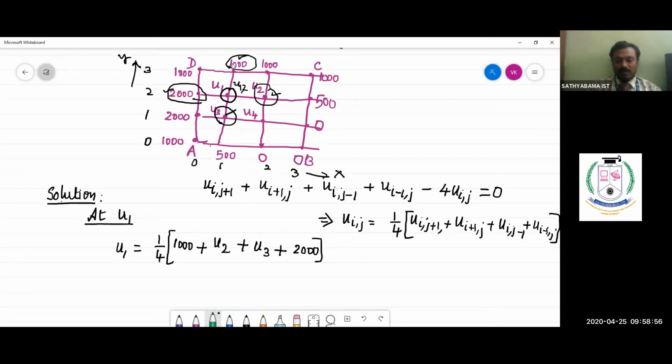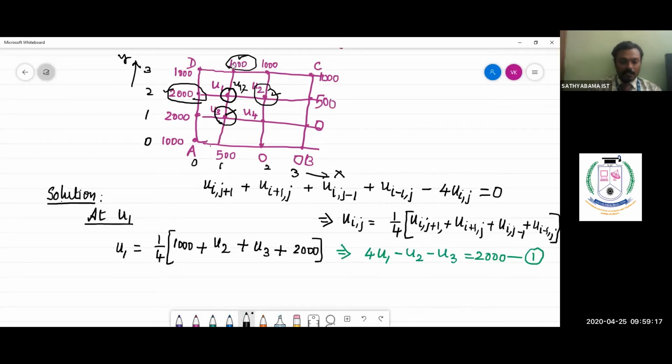So on simplifying, we get the equation 4u1 minus u2 minus u3 is equal to 2000. Let's call it equation 1.